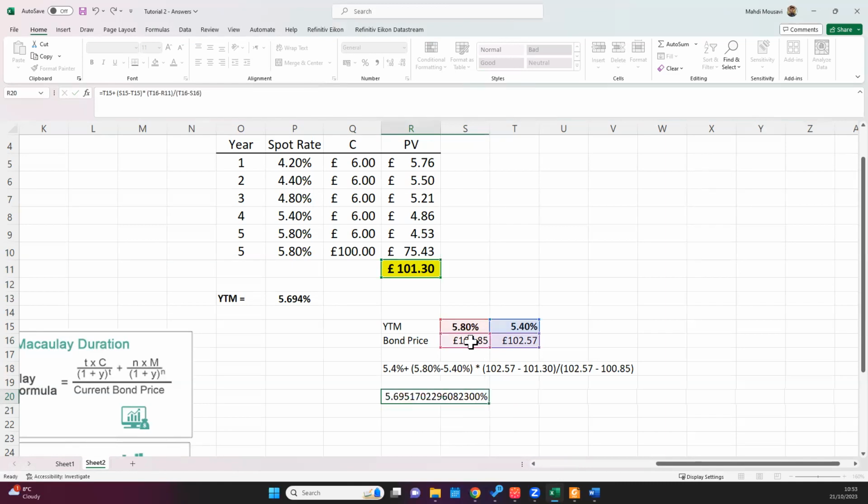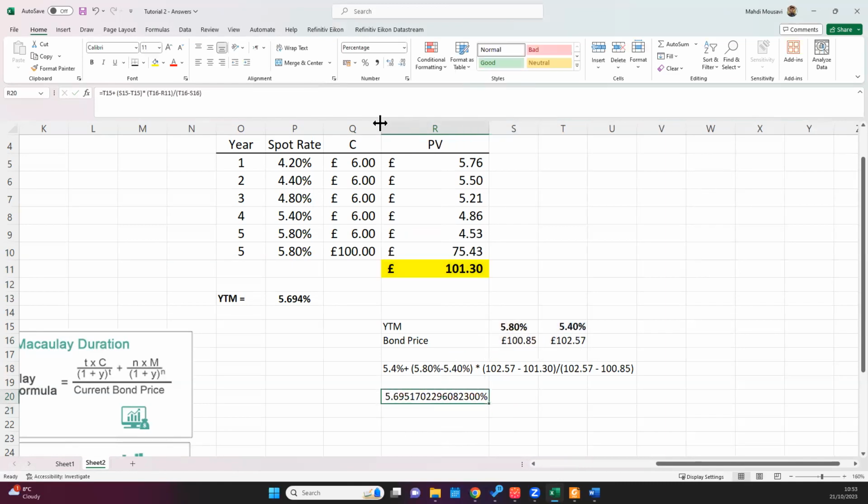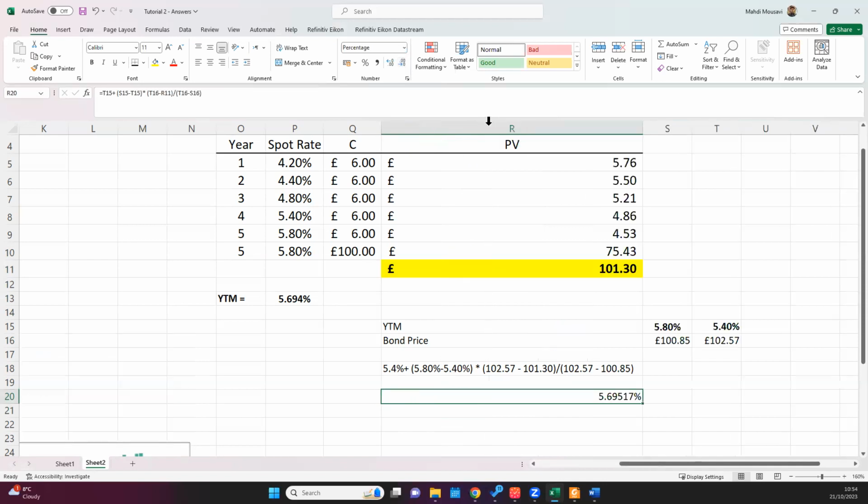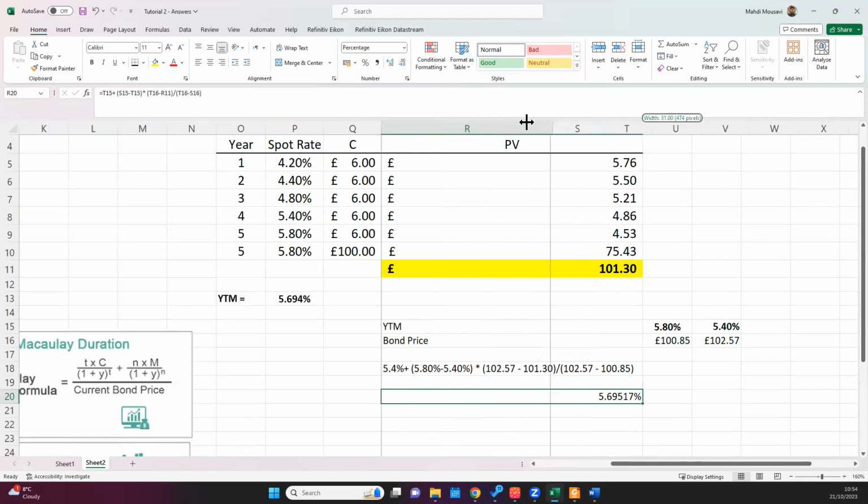And the answer is 5.69. So as you see, it's very close to the actual yield to maturity.